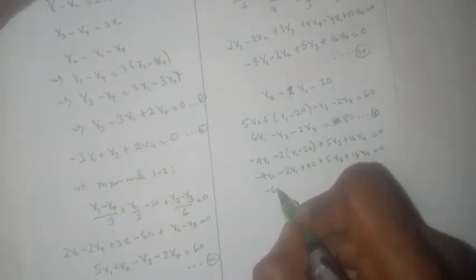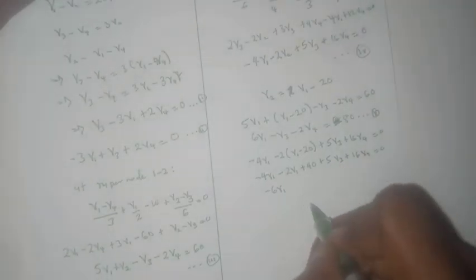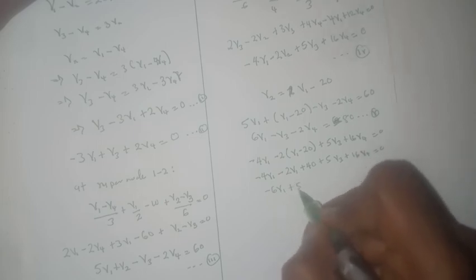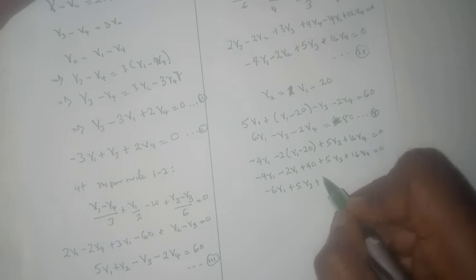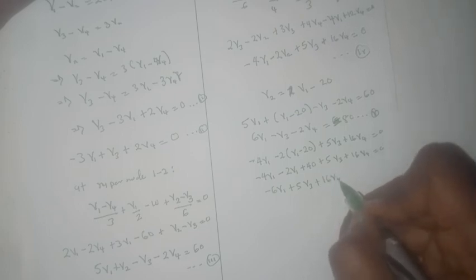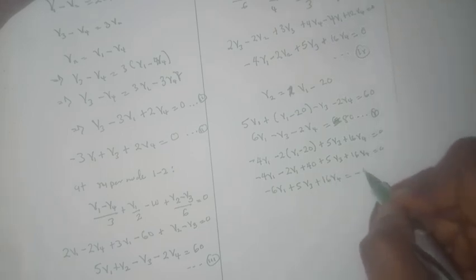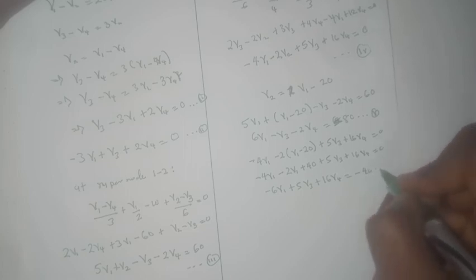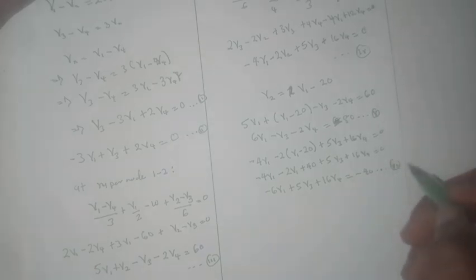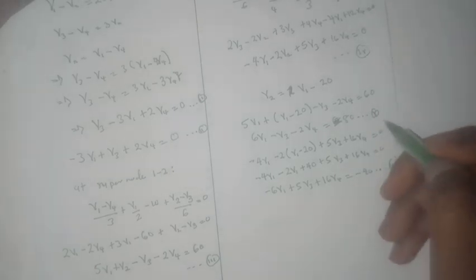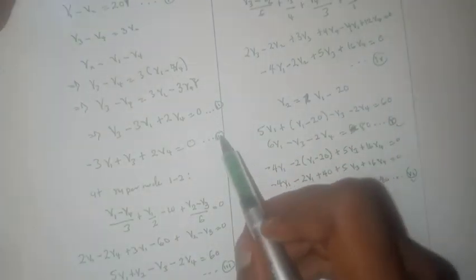Then that can be rewritten as minus 6V1 plus 5V3 plus 16V4 equals minus 40. We can call that our sixth equation.